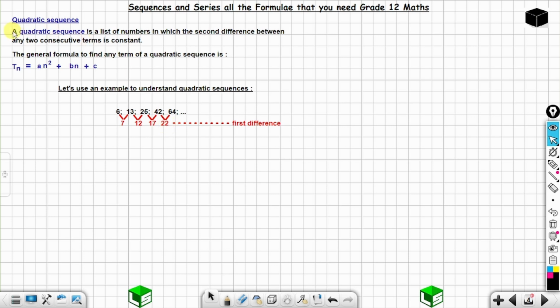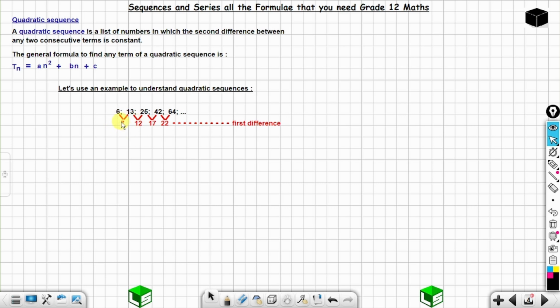Okay, so a quadratic sequence is a list of numbers in which the second difference between any two consecutive terms is constant. So let's find the second difference. This is the first difference. Now the second difference, you always take the next minus the previous term.